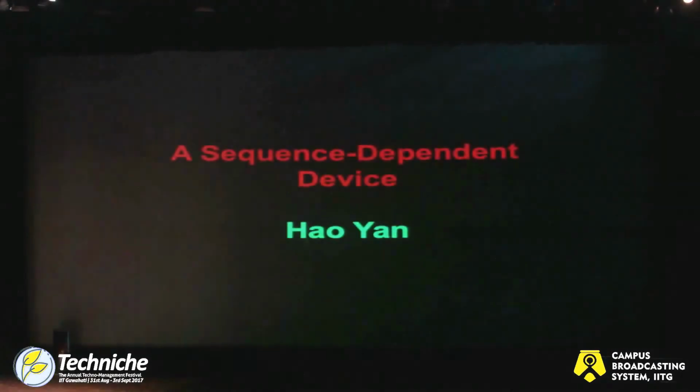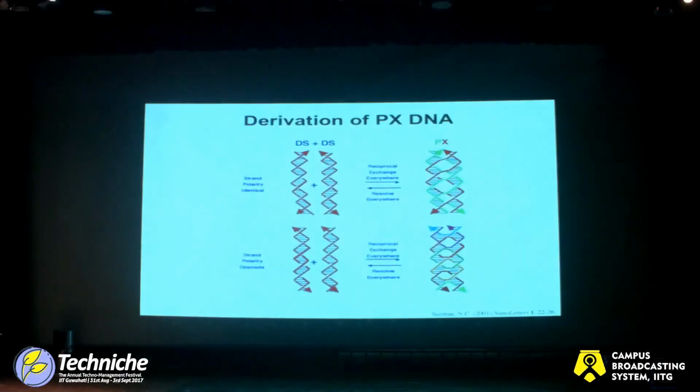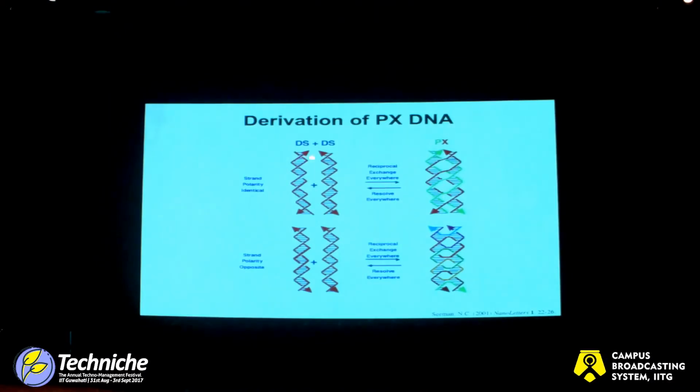I didn't ever like that device because it didn't really take advantage of the programmability of DNA. So Hao Yan, shortly thereafter, made a sequence-dependent device using this motif that we call PX, where we're now on the top of the screen.